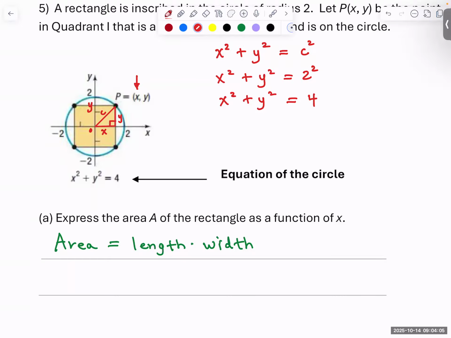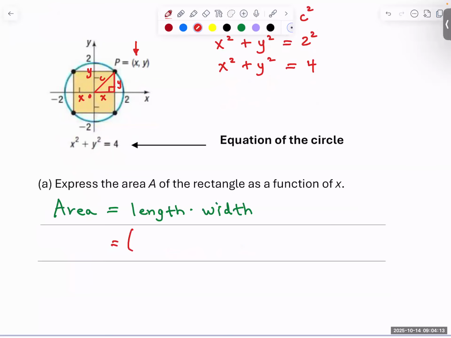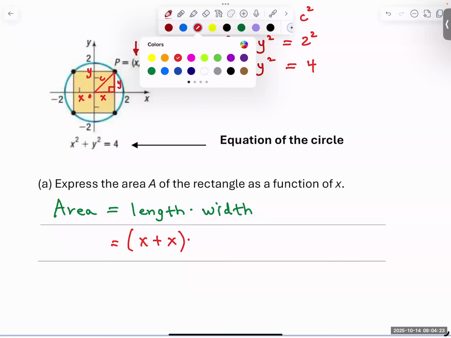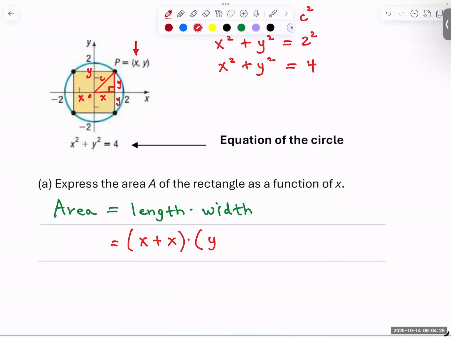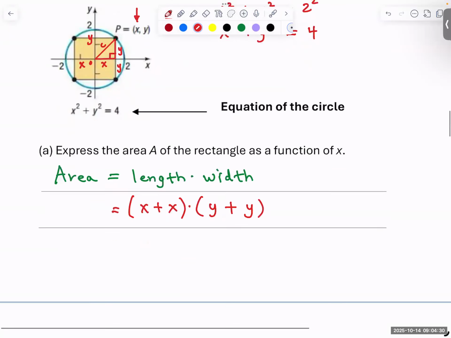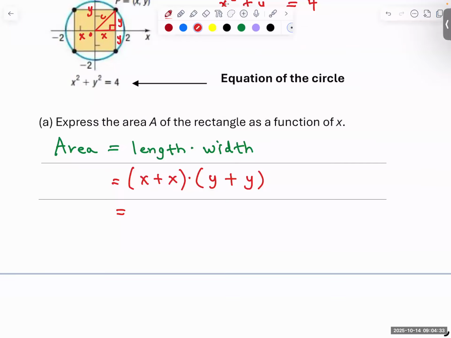So x plus x is 2x, the length of the rectangle. The width of the rectangle is length y plus another length of y. So the width is y plus y, which is 2y. So the area is 2x times 2y, or 4 times x times y.